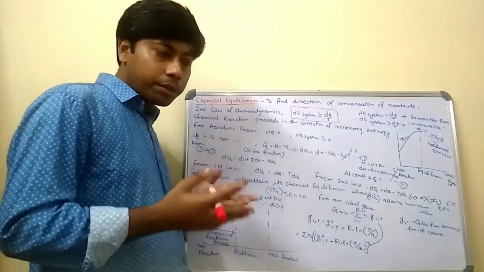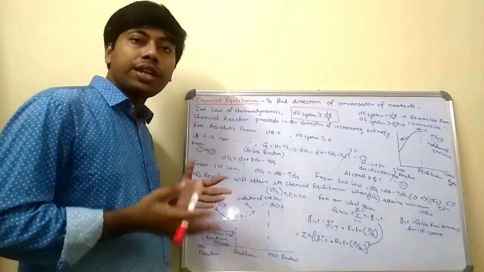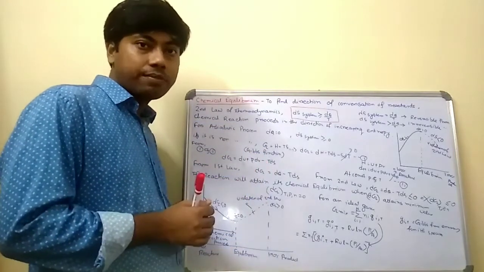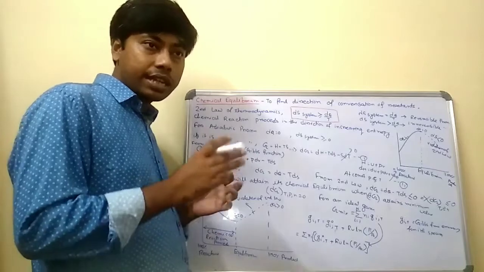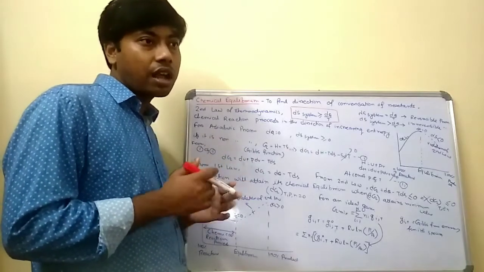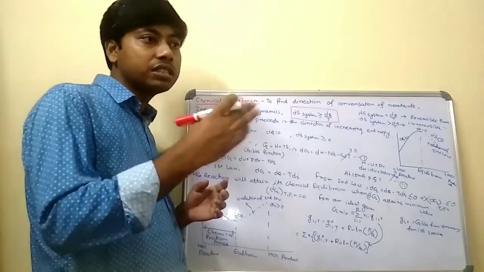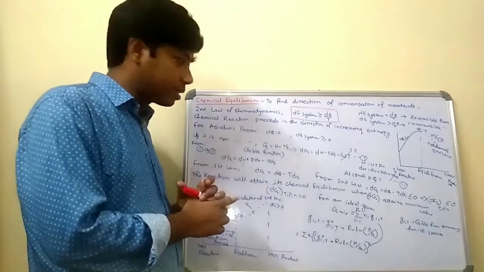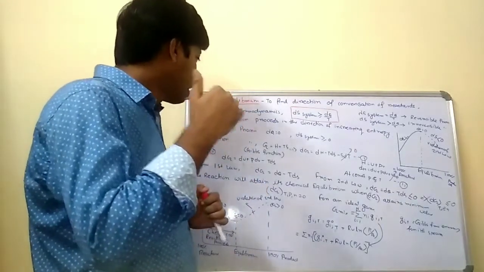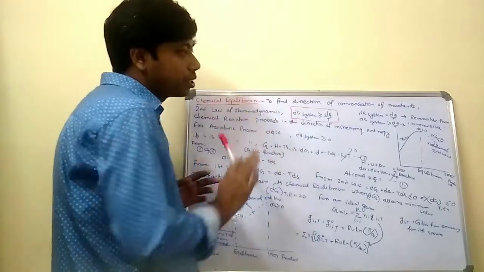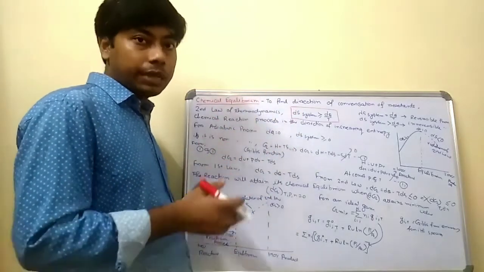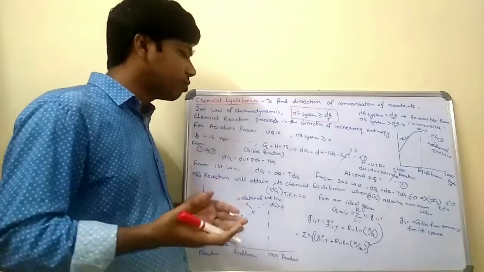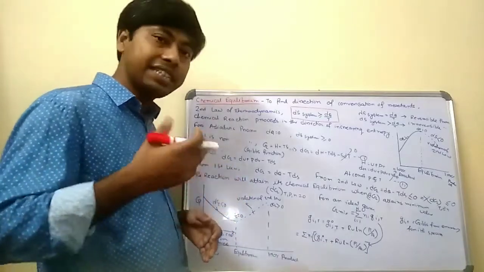From the entropy principle, for an isolated system, entropy is always increasing or constant, but it will never be negative. So the chemical reaction proceeds in the direction of increasing entropy, otherwise not. If the change of entropy increases, then the chemical reaction takes place.